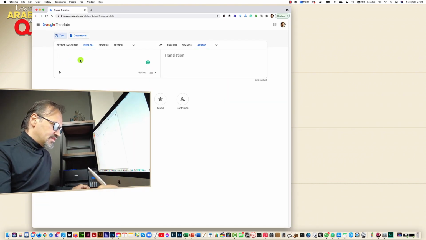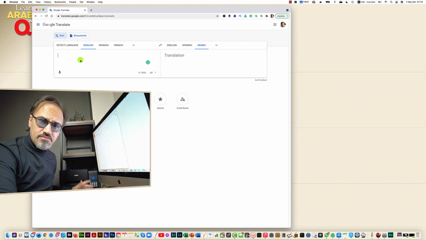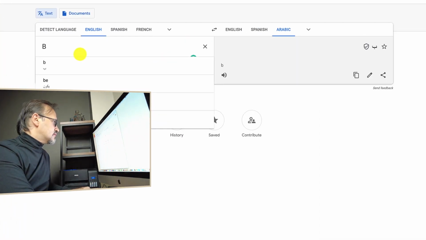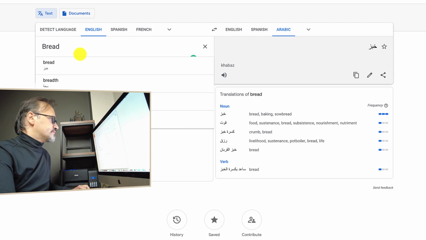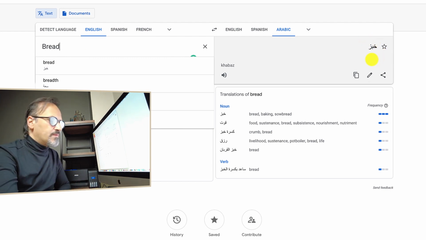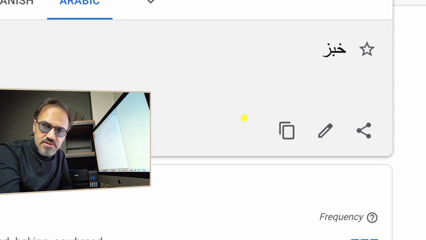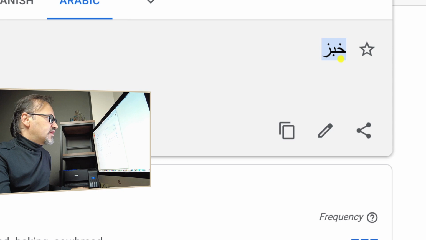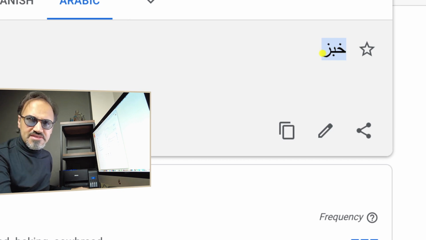So in Google Translate, we're going to write, for example, bread. And we get the translation over here as khubz. Look at the letters: the kh, and the be, and the z.